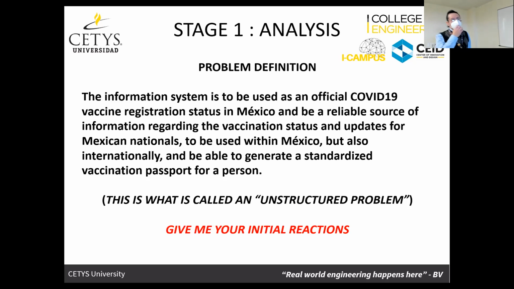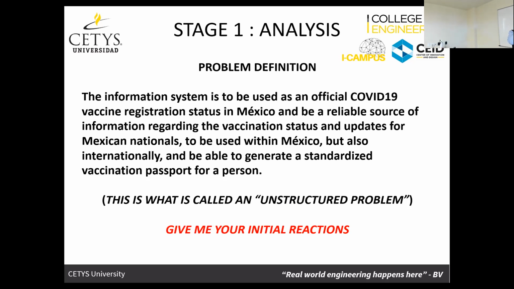And we want an integrated system that's a reliable source of information regarding the vaccination status and updates of Mexican nationals, okay? It's going to be used within Mexico, but it should also have international standards to be able to be used internationally. And be able to generate some sort of standardized vaccination passport for the person.